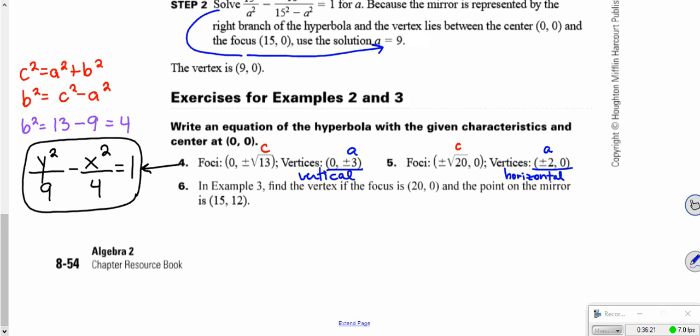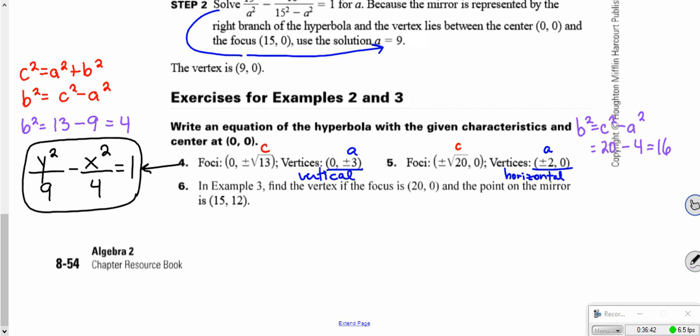So let's find our b squared. Remember, b squared equals c squared minus a squared. So c squared is just going to be 20, minus a squared, which is 4. So that's going to give me 16.